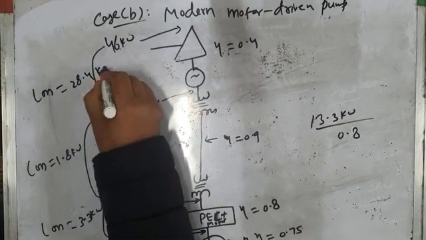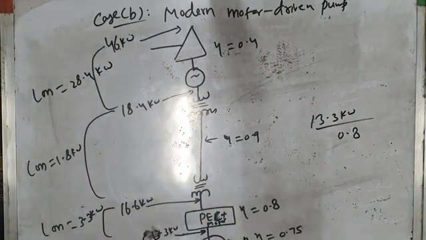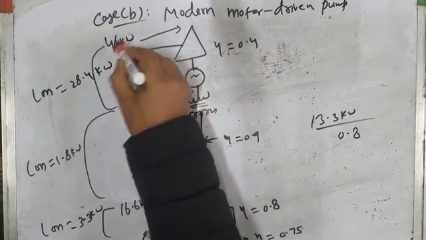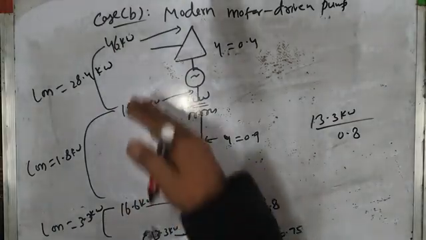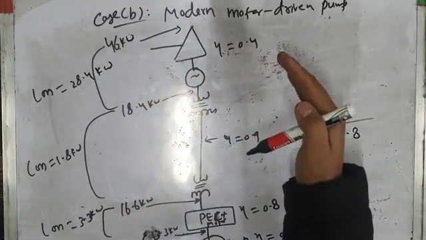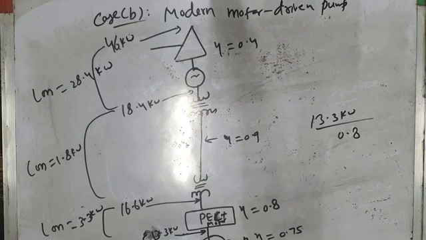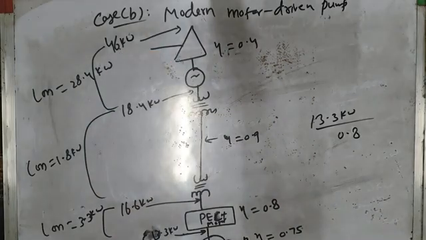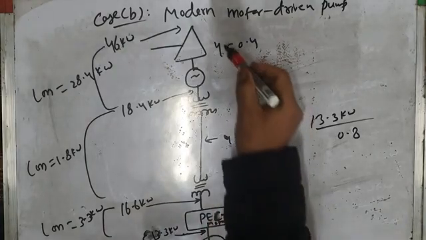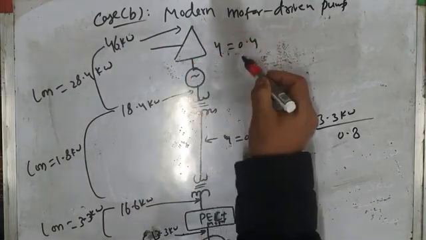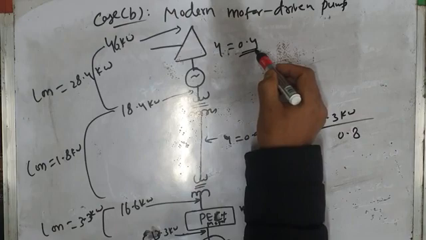So therefore, in this case, for producing an output, which is the power rating of the pump of 10 kilowatt, how much input do you need? Only 46 kilowatt. Whereas in case A, where you were using conventional motor driven pump, you needed a power of 95 kilowatts. Here you need only 46 kilowatts. Why? Because the efficiency of thermal power plant is same as in the previous case, only 40%.